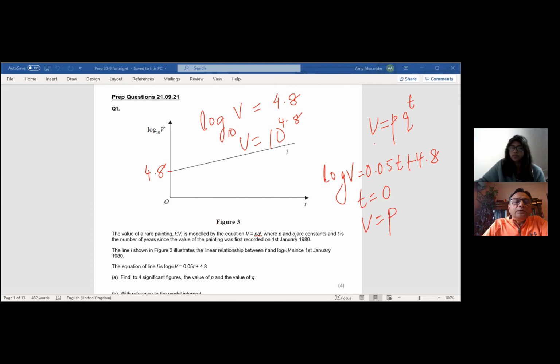So if I put T equals 0 in this equation, let's call this equation 1, then V equals P. Now the value of P should be the initial value, that is 10 to the power of 4.8. So how much do you get?